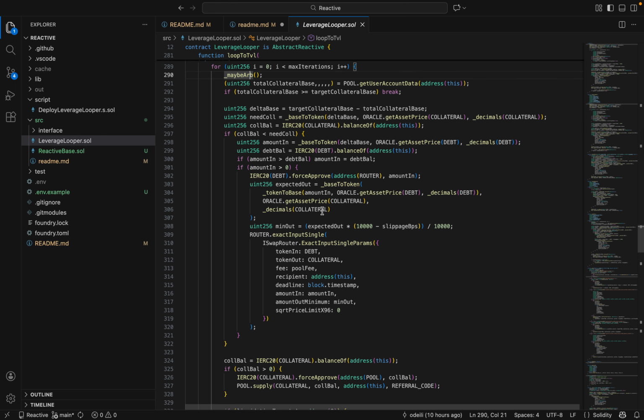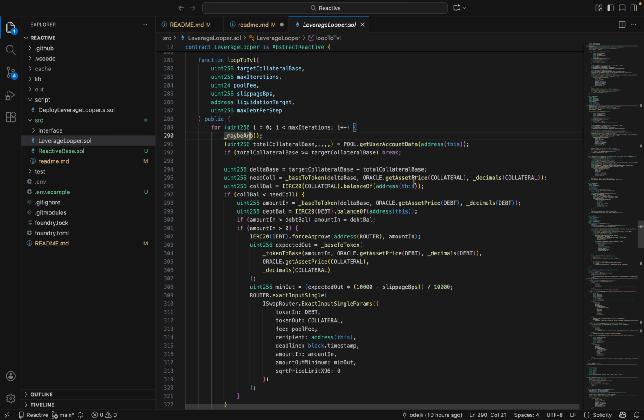After doing that, we provide collateral to the Aave protocol, borrow against our collateral, and liquidate other positions. We do that over and over again until we achieve the expected total value we want.